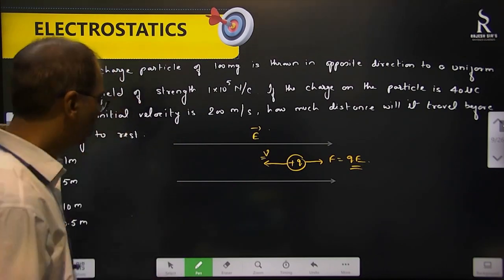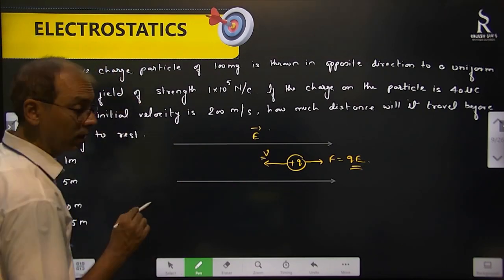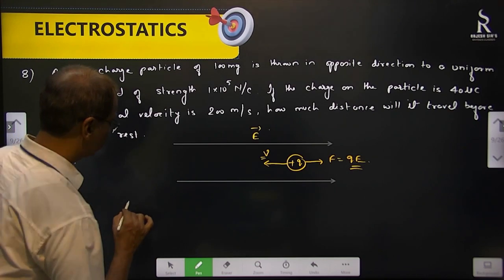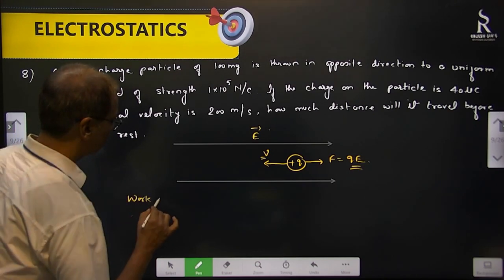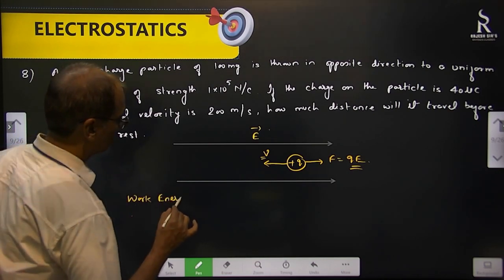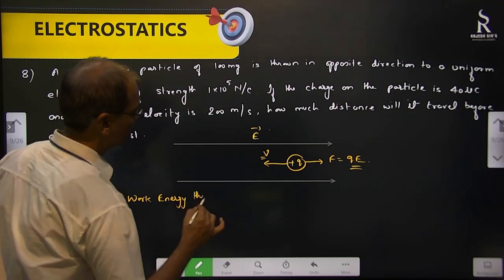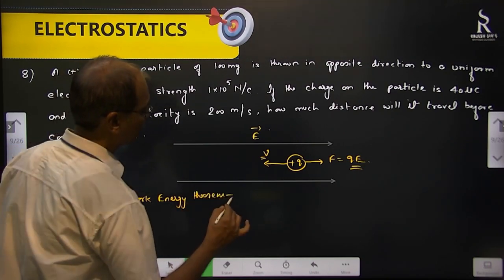What does it say? Work done by... What is that? Actually, that is the work energy theorem. What does it say?